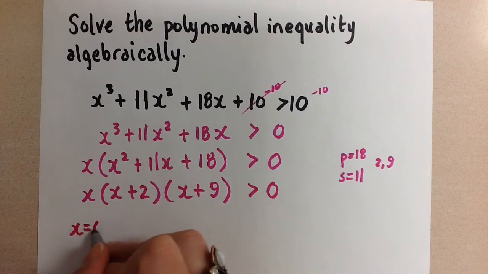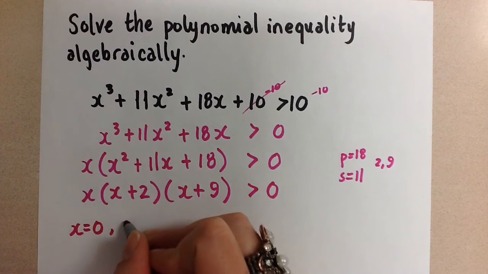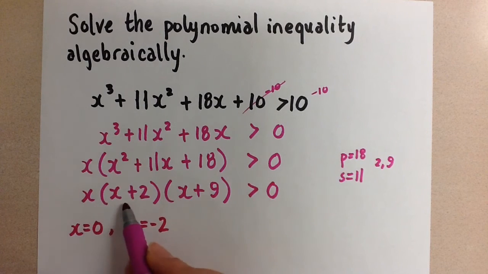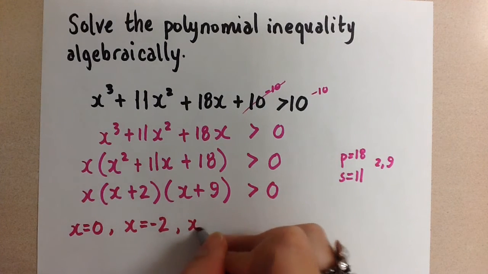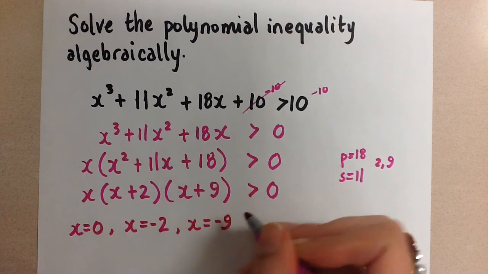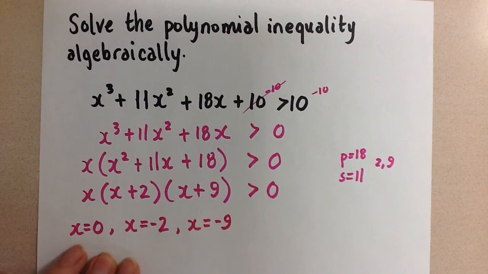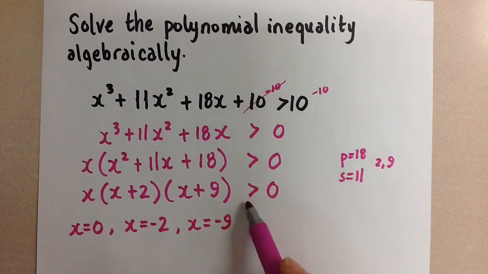So far this has been exactly the same as solving a polynomial equation. We get our zeros from these factors as we normally would. Up until now this is the same as what we're used to with polynomial equations. Now we're going to do the process for solving the inequality portion.